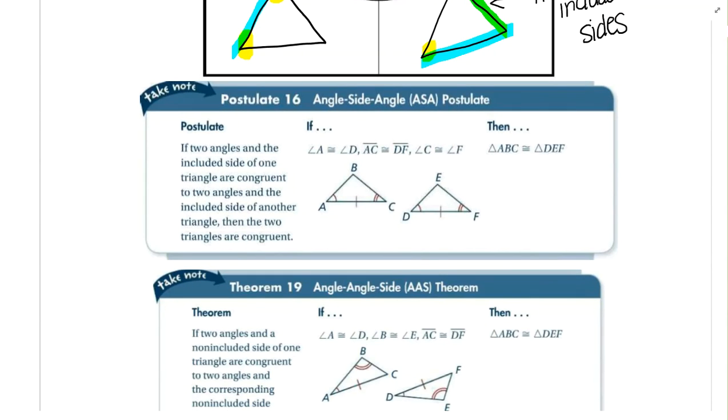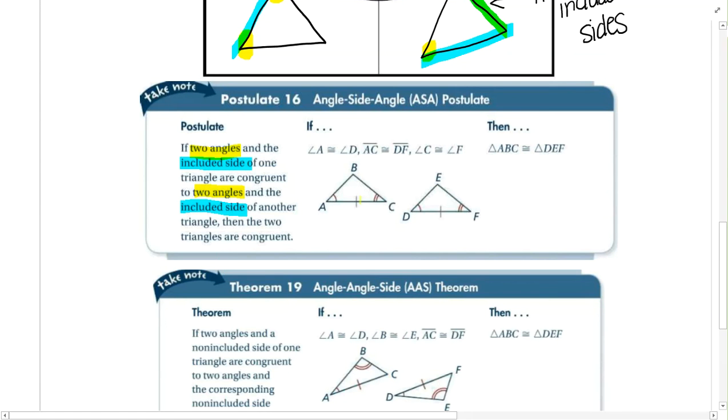Let's take a look at angle, side, angle. Angle, side, angle says if two angles and the included side of one triangle are congruent to two angles and the included side of another triangle, then the triangles are congruent. Here we have triangle ABC.